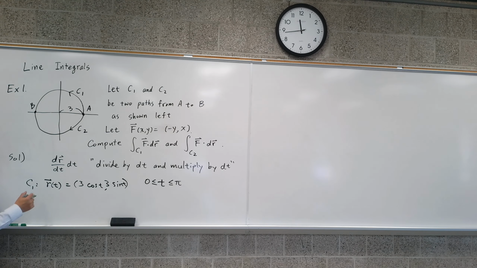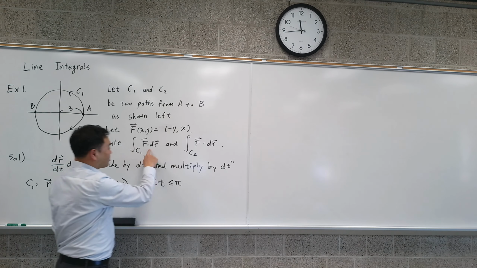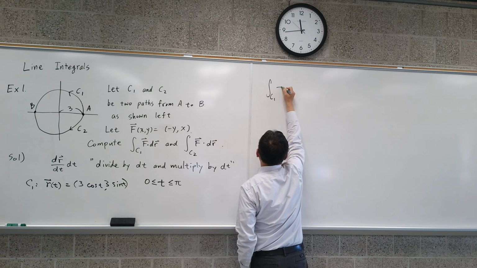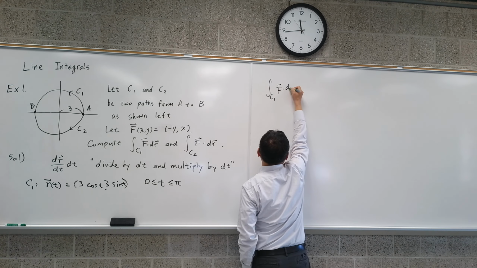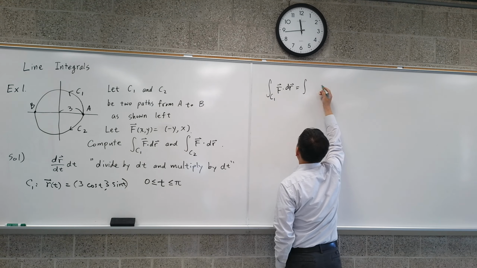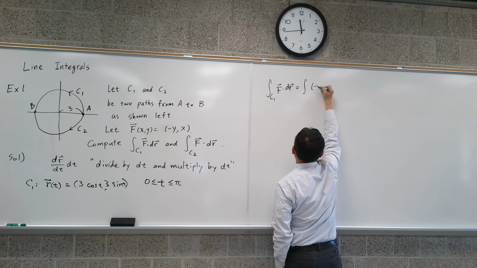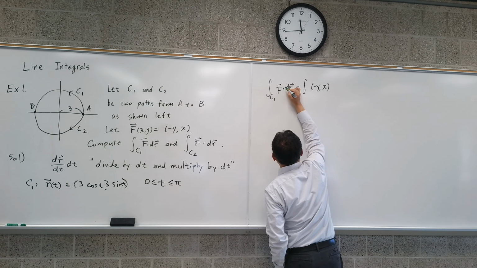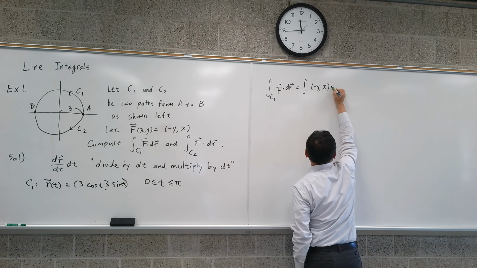Okay. So now let's try to calculate what this is. The integral over C1 of f dot dr is, well, f is negative y comma x. And this dot here is not multiplication, it's a dot product, okay?